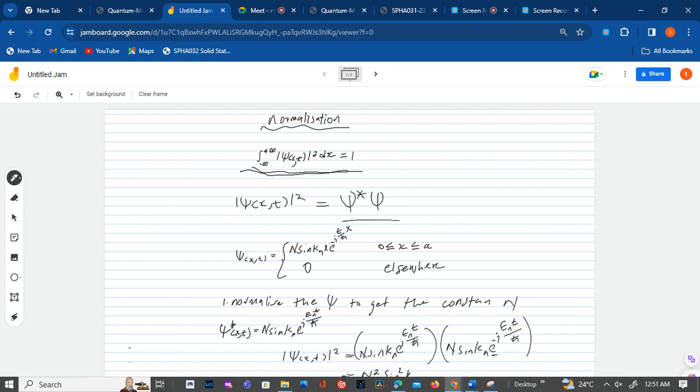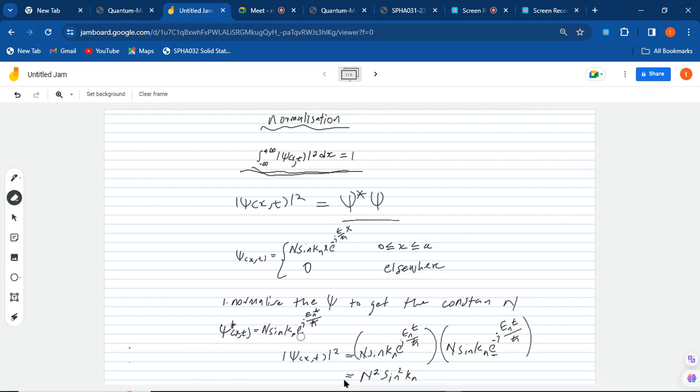Even here it has to have x, right? There must be an x here, e to the minus i, and this one is going to be e to the i, E over h bar x.